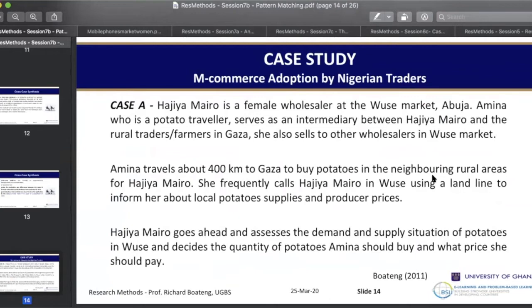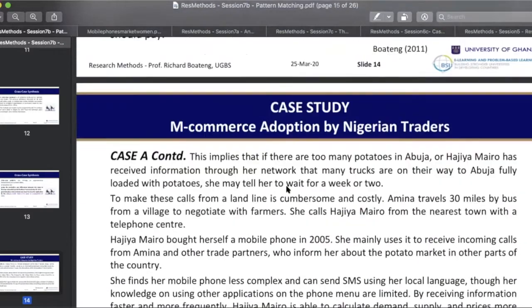She frequently calls Hajia Mairo in Uzi using a landline to inform her about local potato supplies and producer prices. Hajia assesses the demand and supply situation of potatoes in Uzi and decides the quantity Amina should buy and what price she should pay.